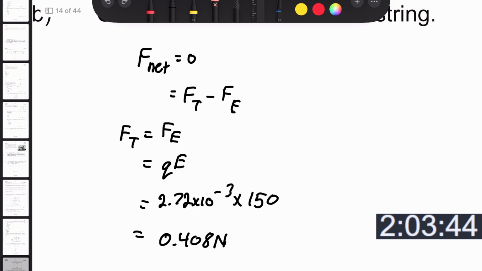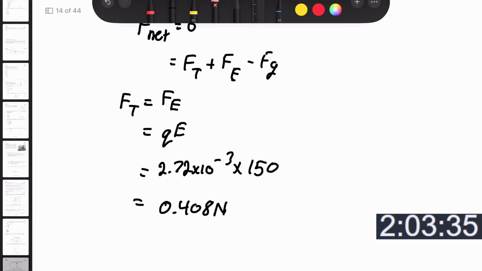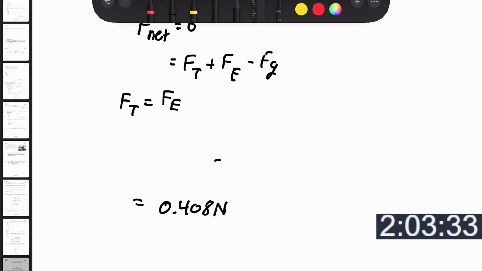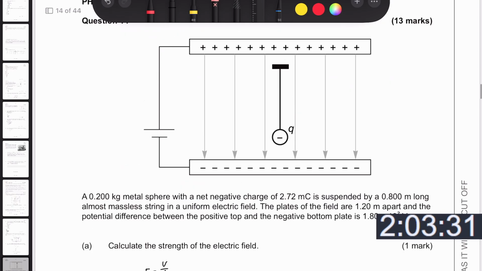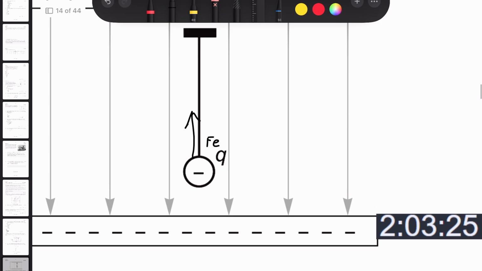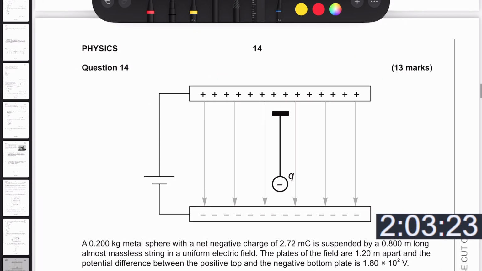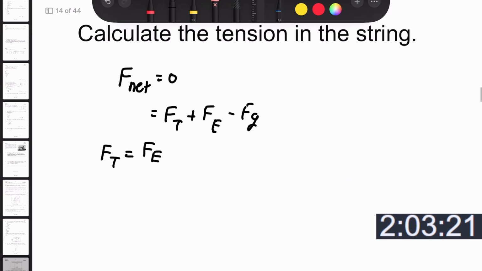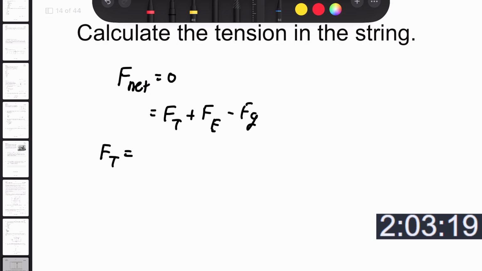So it's actually force of tension plus the electric force minus force of gravity. Sorry, because since it's electric, it's negative. The electric force is actually going to be going upwards because it wants to go to the positive plate. So force of tension is equal to F of G minus F of E.